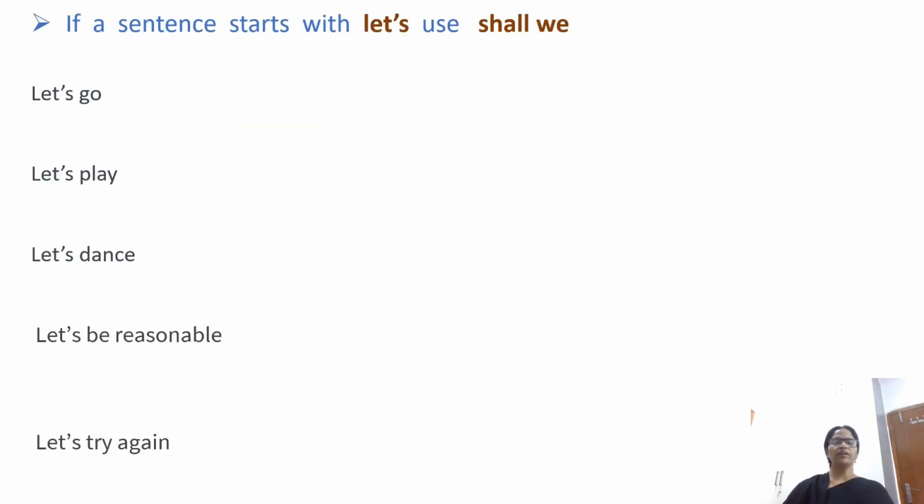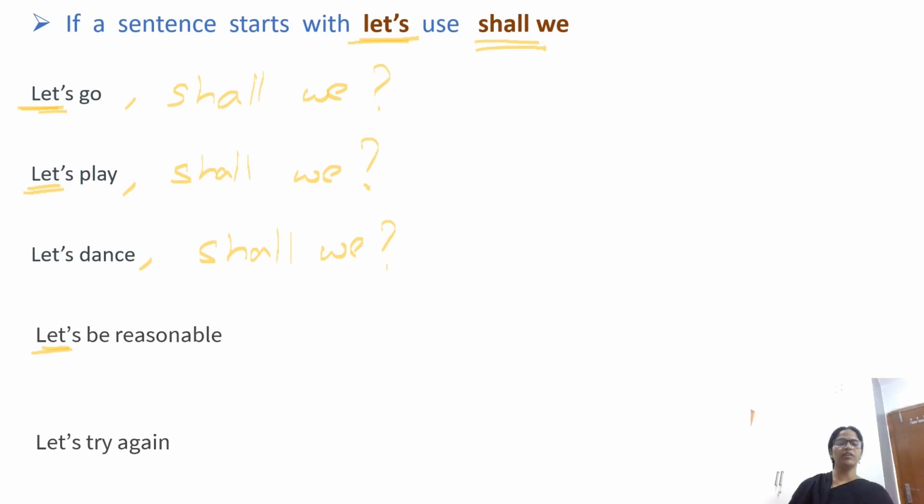Here is one more rule. If a sentence starts with let's, we always should use shall we as a question tag. Clear? Let's see some examples. Let's go. We have let's, so we need shall we. Let's play. Shall we. Let us dance. Shall we.